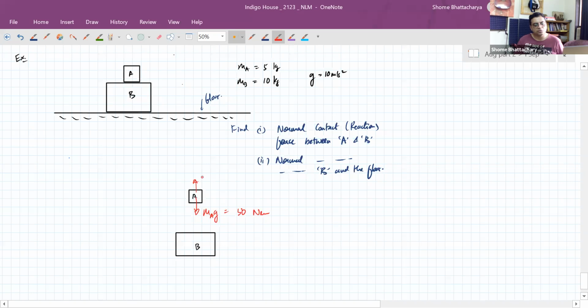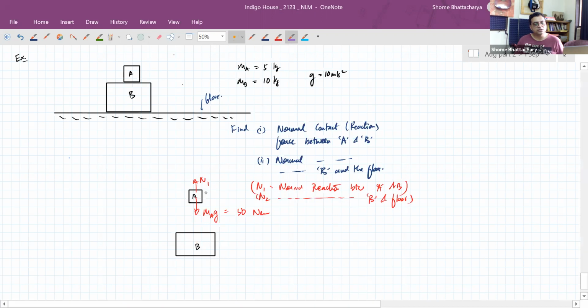And there is, let's say, normal reaction N1, where N1 is the normal reaction between A and B at the surface of contact. And N2 is the normal reaction between B and the floor. So we'll come to that later.